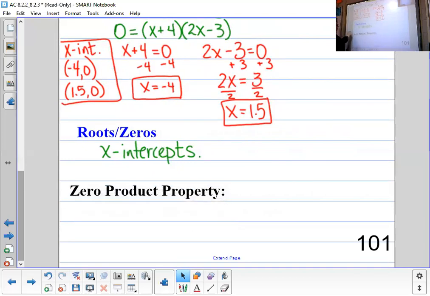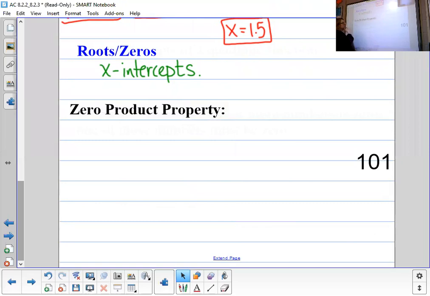Okay. And then let's write down what the zero product property is so that you have that in your notes as well.